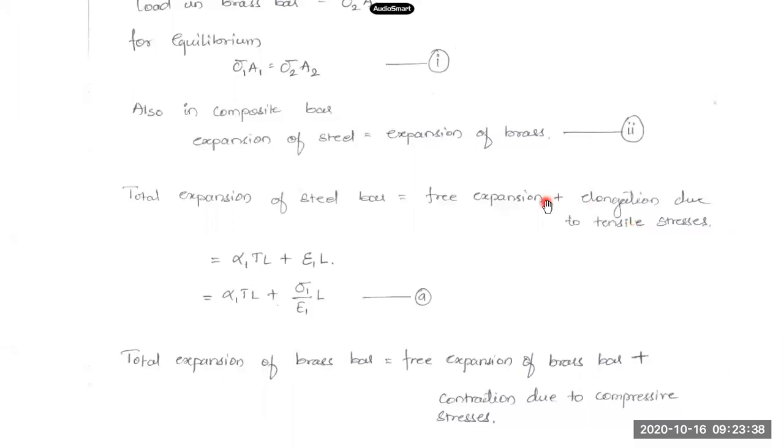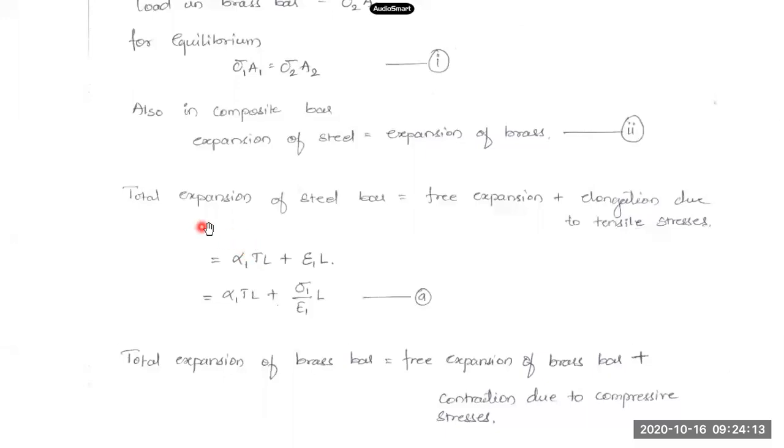Okay, so free expansion of the steel bar delta 1 plus some additional expansion because brass bar is pulling it. That is the tensile stress, whatever tensile stresses are developed in that steel bar, that strain developed in the steel bar multiplied by the original length. Okay, L was the length of that steel bar. So this is how we can get this expansion, strain into original length. Okay, so alpha 1 T into L. Okay, this is our free expansion.